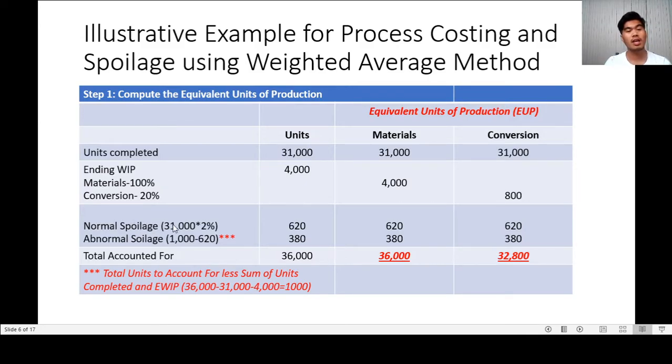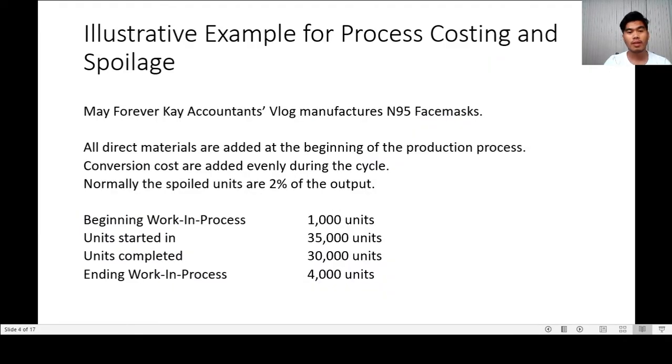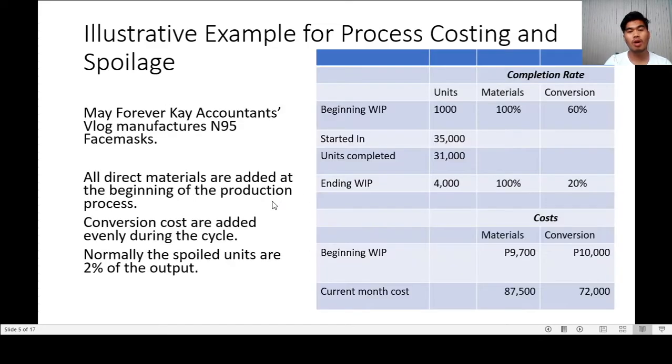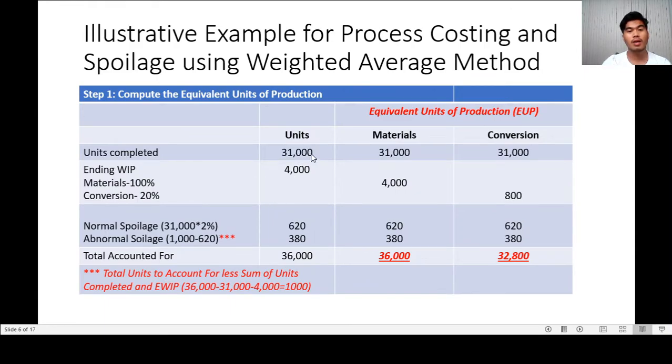So yung spoilage natin for normal, ang sabi kasi doon sa problem is 2% daw ang normal spoilage for the output. Yung output po natin is 31,000 units. So yung 31,000 times 2%, that is 620. 620 ang normal spoilage.